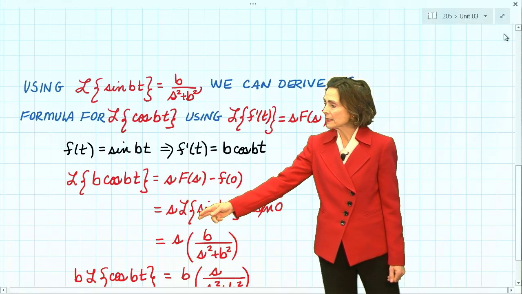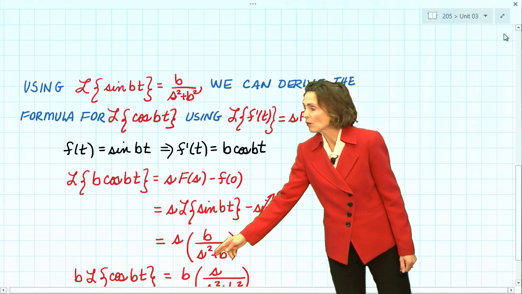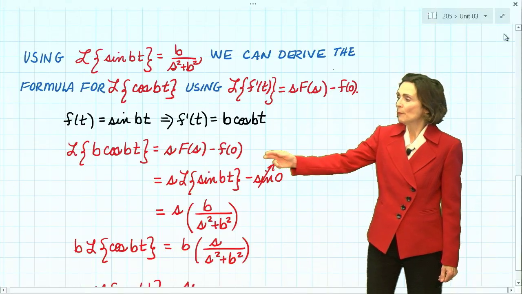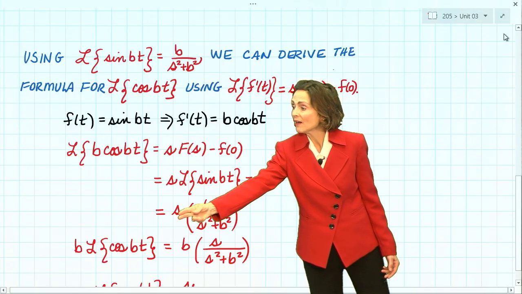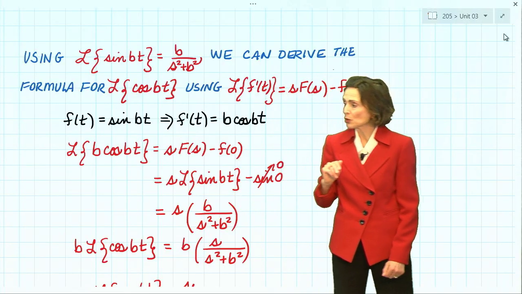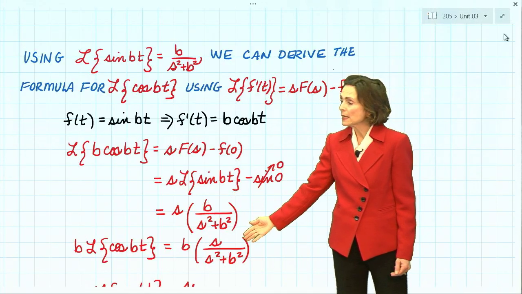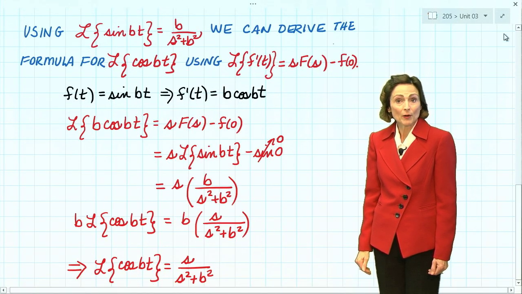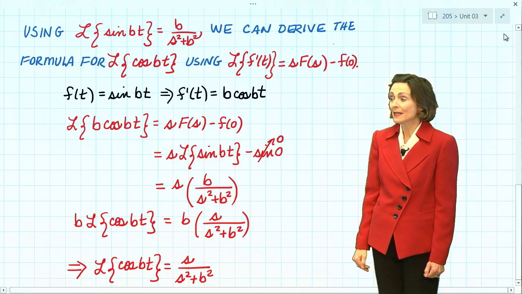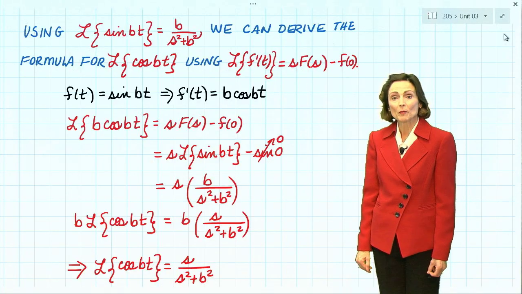So that's s times b over s squared plus b squared. But you can move a constant outside the Laplace operation. So on the left, we have b times the Laplace transform of cosine bt is equal to what we have on the right. So we're left with the Laplace transform of cosine bt is s over s squared plus b squared.